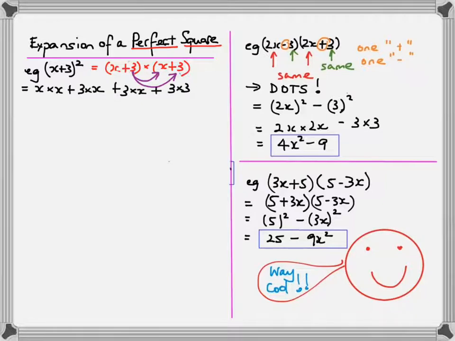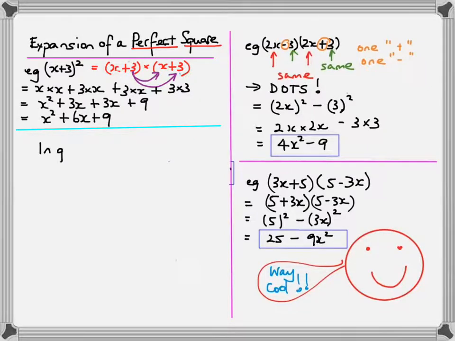There it is. Now, that's all you do. Let's just clean that up a little bit. Okay, that's cleaned up. Now, I can see some like terms. Can you? Yes, the 3x terms are like terms. So there's 6 of them all told. And that is our expansion of that perfect square, okay?